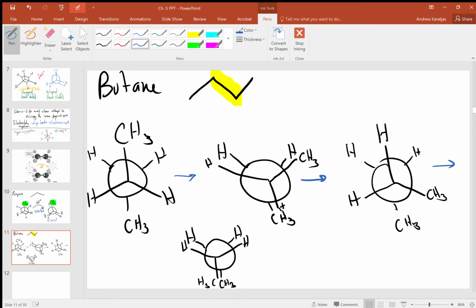The staggered conformations are always better than the eclipsing conformations. But between the 2 staggered conformations, which one is better than the other? Well, the key is these methyl groups. When these methyl groups are near each other like this, we end up with what's called a gauche interaction.